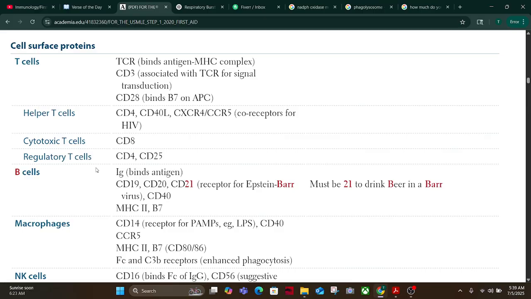So CD14 is on the macrophage and binds LPS, which is a type of PAMP, from gram-negative bacteria. This activates TLR4, leading to innate immune activation.